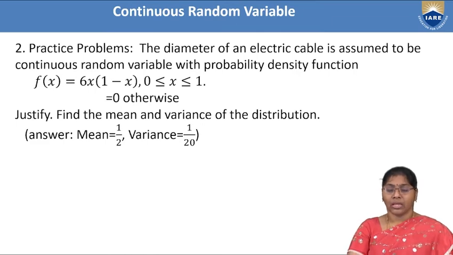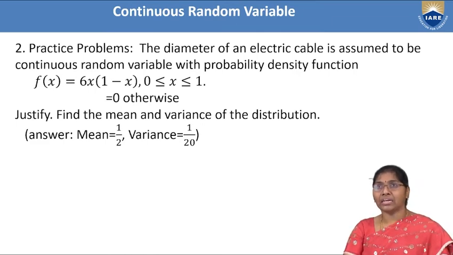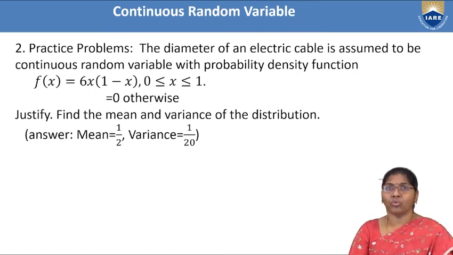Next one. The diameter of an electric cable is assumed to be a continuous random variable with the probability density function. Here they are considering the electric cable diameter.